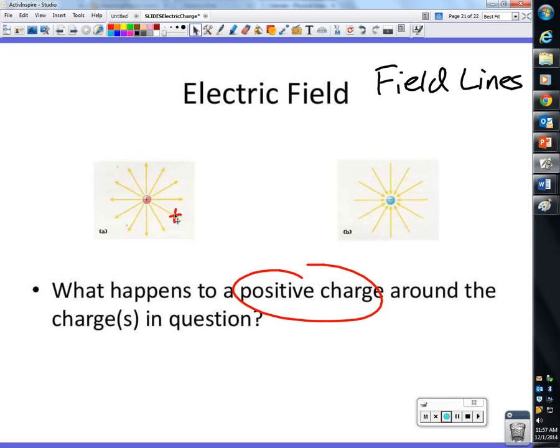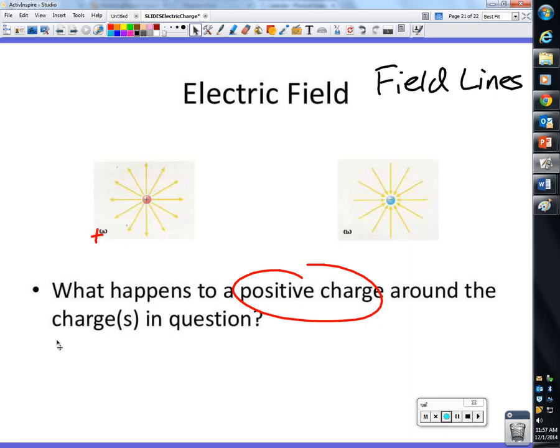What if I bring this charge over to here? What's going to happen? It's going to repel. It's going to push it away. That's why this arrow points away. If I bring it over to this side, what's going to happen? It's going to repel. This arrow points away.